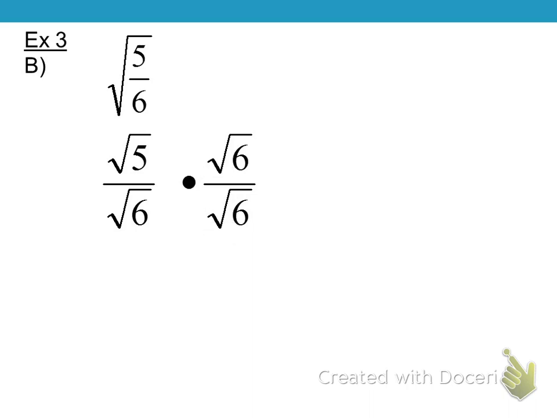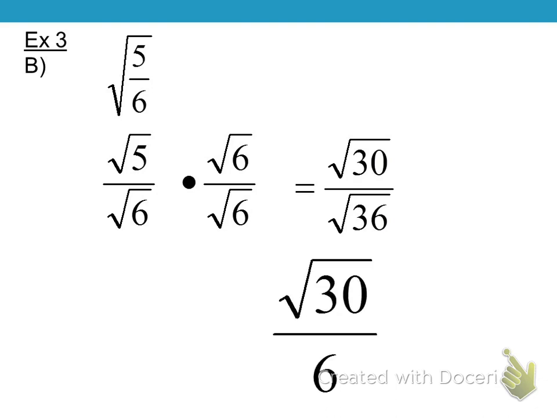Okay? So, 5 times 6, both in radicals, gives me square root 30. Square root 6 times square root 6 gives me square root 36, which ultimately gives me a regular 6. That's the trick.